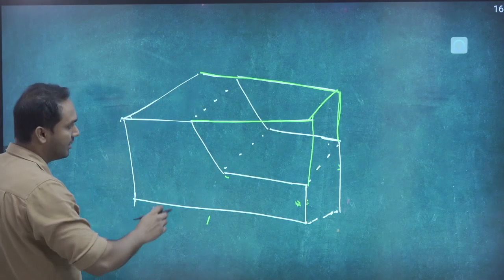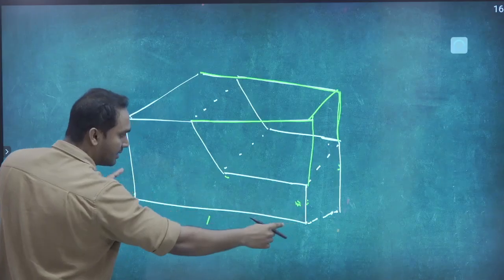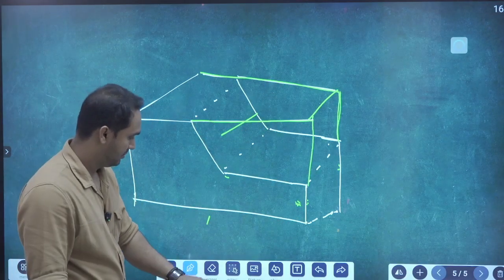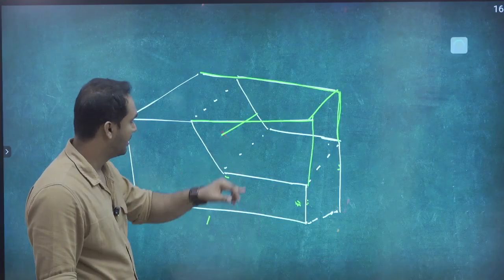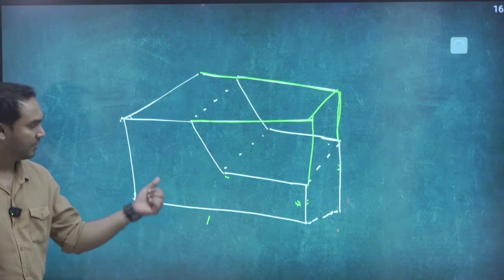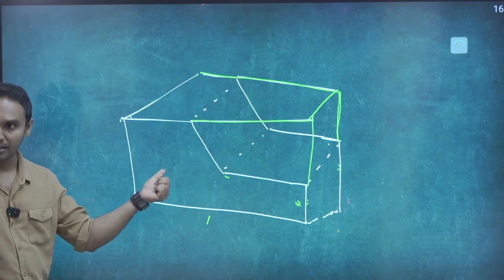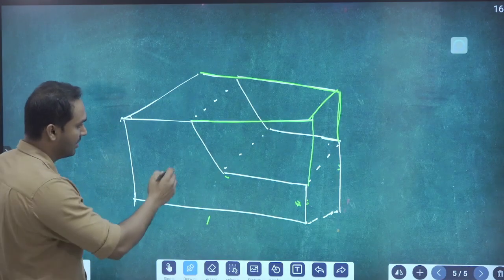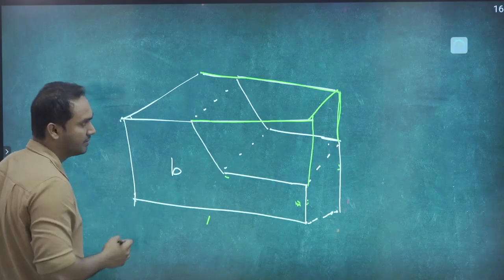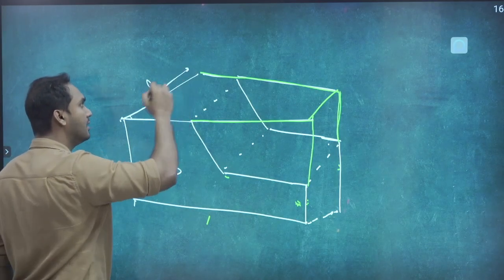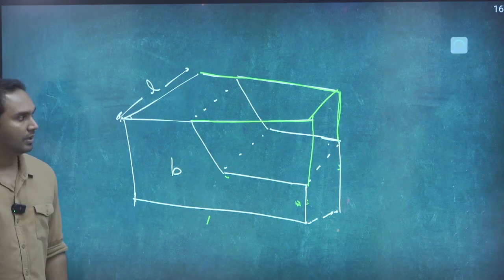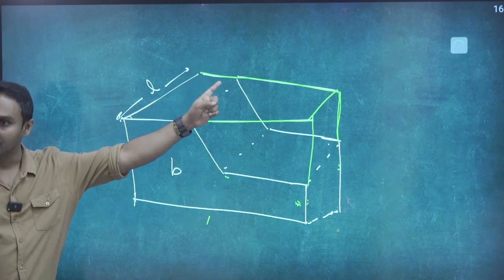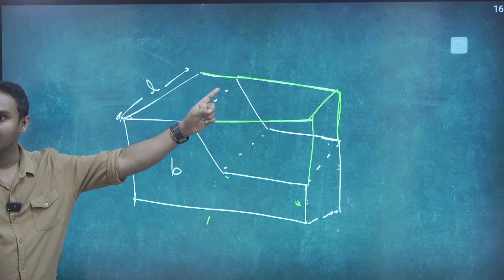Do you understand this? This part continues. Do you understand that? So if we have this cross sectional area as, let's say, B, and this length L, now do you understand this cross sectional area into this length is the volume?